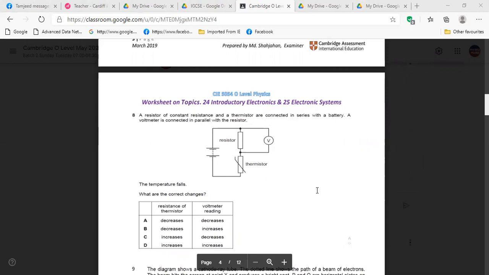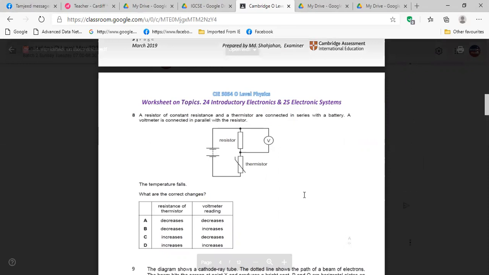When resistance increases, voltage... Yeah, if resistance increases here, that means the voltage sharing is more here, right? Then voltage sharing will be less here.